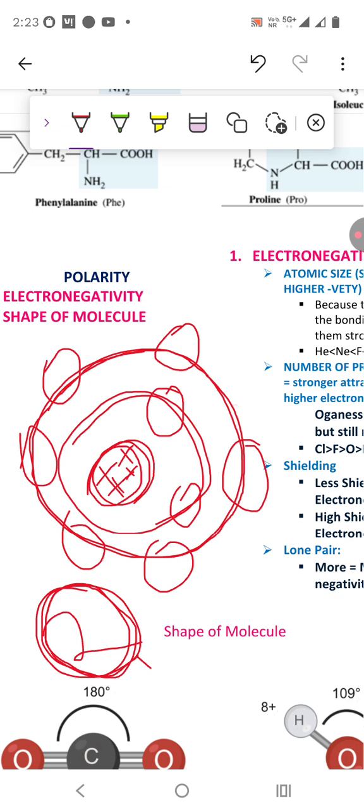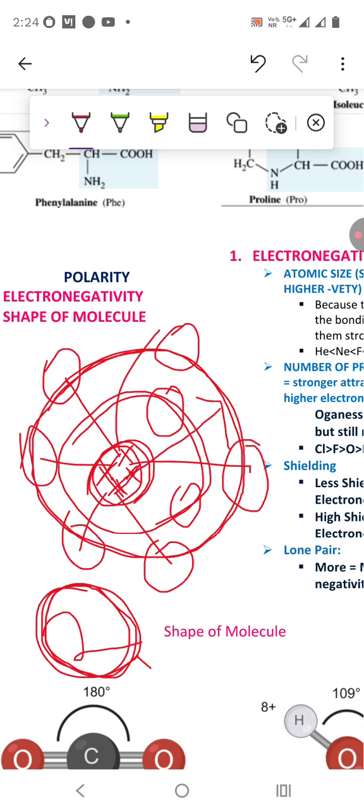What is shielding actually? The positively charged proton present inside the nucleus will attract electrons from its valence shell, the outermost shell. It will attract all those electrons present in the valence shell.